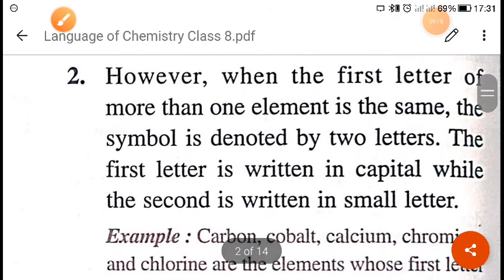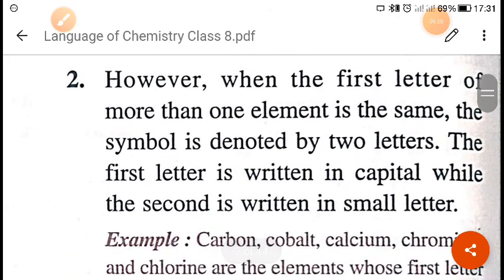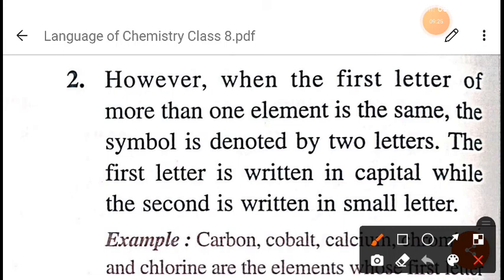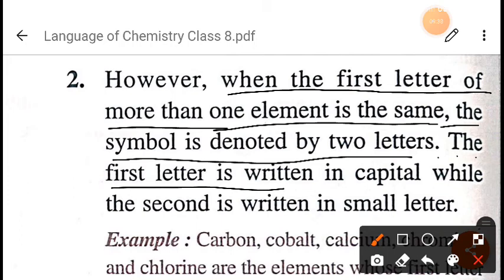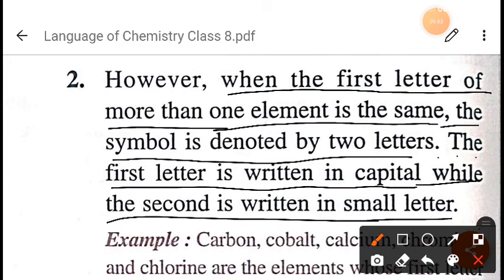Now next, if in any elements the first letter is the same, see the example. First of all, let's see what is written here. When the first letter of more than one element is the same, the symbol is denoted by two letters. The first letter is written in capital, while the second letter is written in small letter.